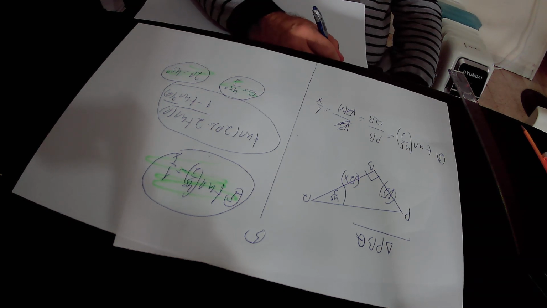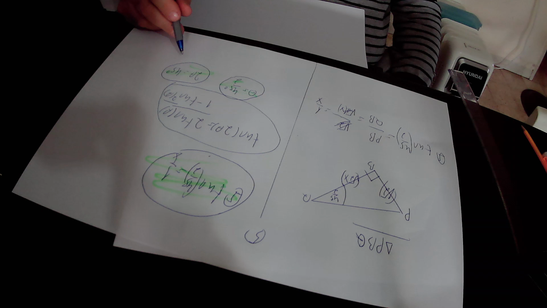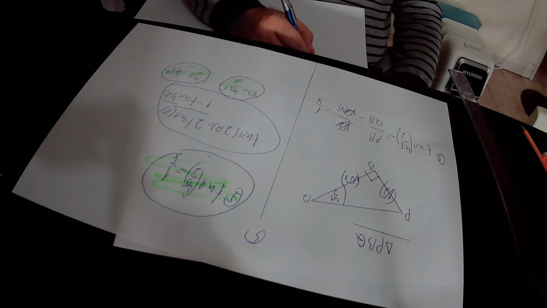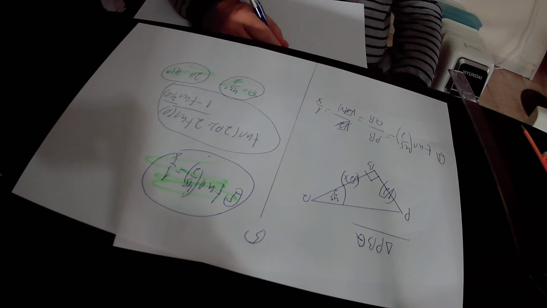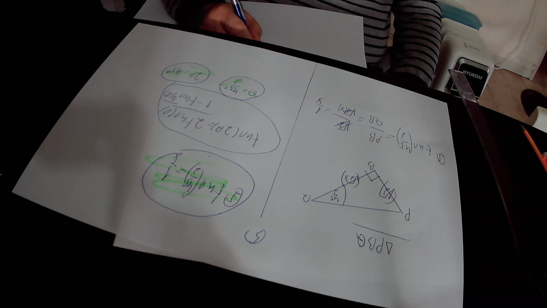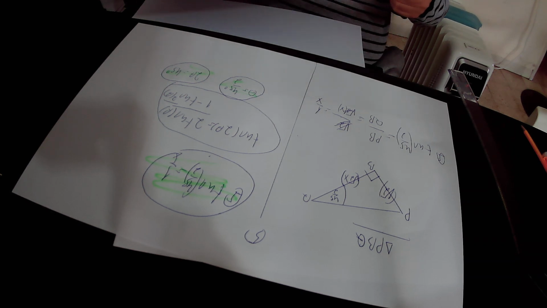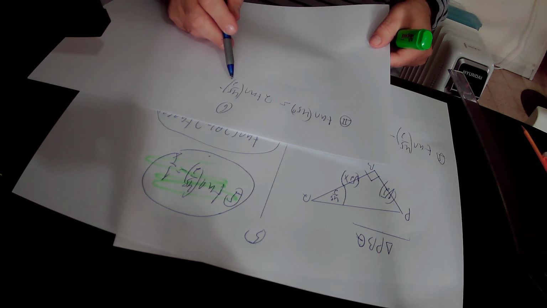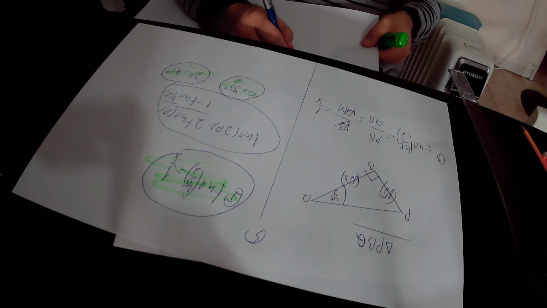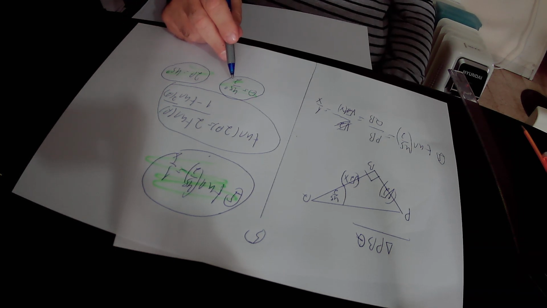According to equation number 2, we have tangent 2 theta, and 2 theta according to our definition is 45 degrees, and it equals 2 times tangent theta, and theta is 45 over 2 degrees, over 1 minus tangent square theta, where theta is 45 over 2 degrees.